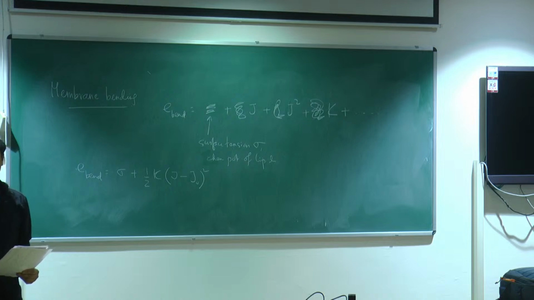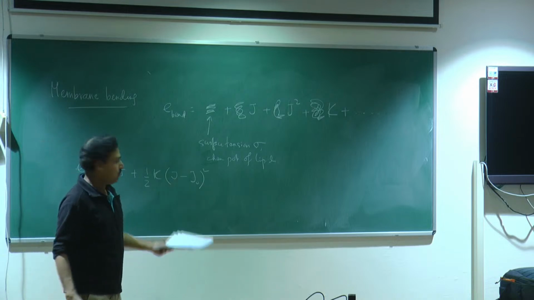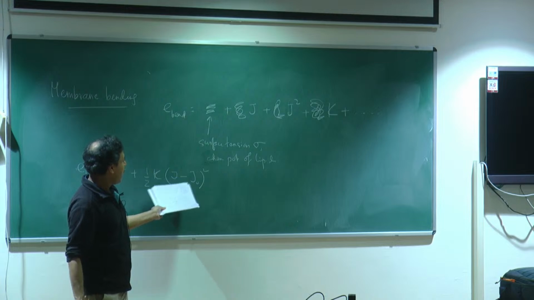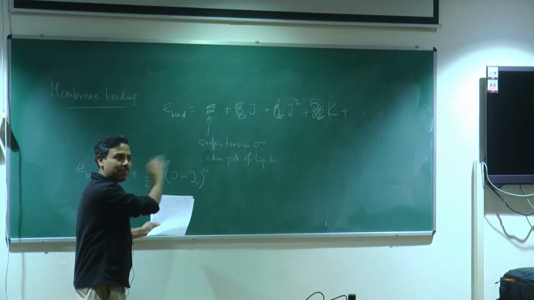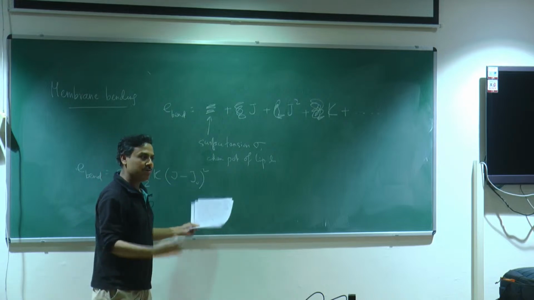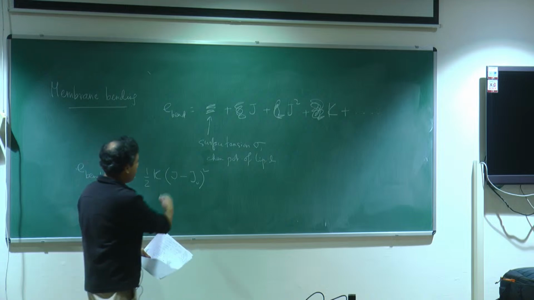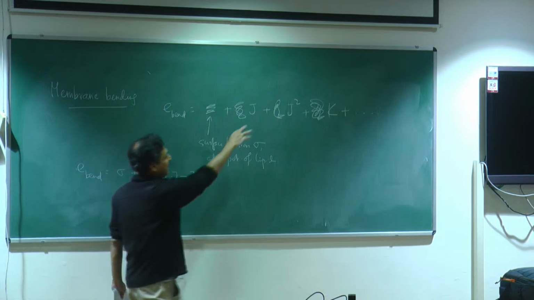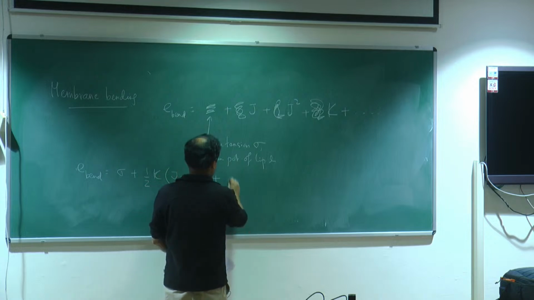What is that J0? I'll come to it in a minute. I'm building a phenomenological theory anyway, so I'm allowed to do this. I'll have a J squared and a J0 squared, which can be incorporated in the constant, and J0 is a fixed quantity. So it's J minus J0 whole squared, and then I have plus kappa bar K.